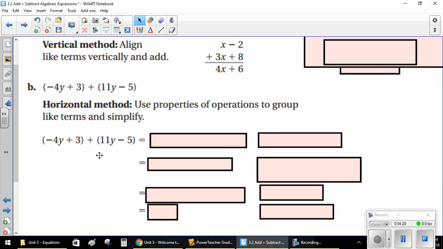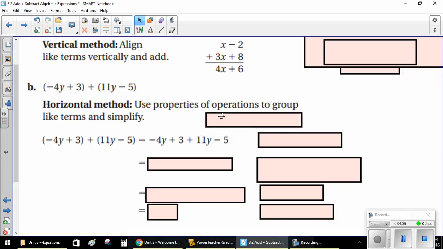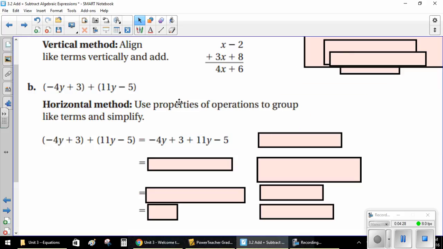There's no other operation. So I'm taking this and I'm adding it to that, plus and minus. So what I'm going to do is first rewrite the problem without any parentheses. Now what I'm going to show you on the right side here are just steps. Write them down to help you in case you get stuck in class when we do classwork.